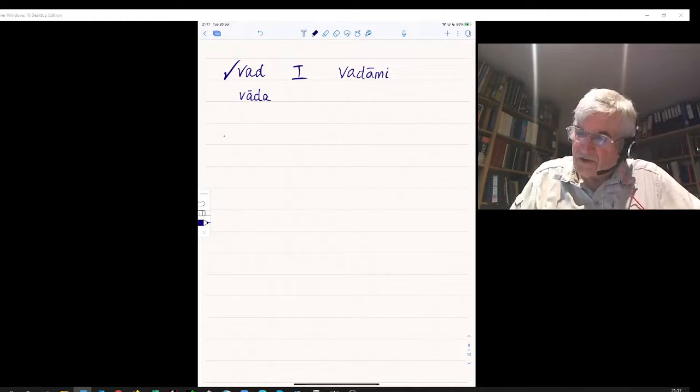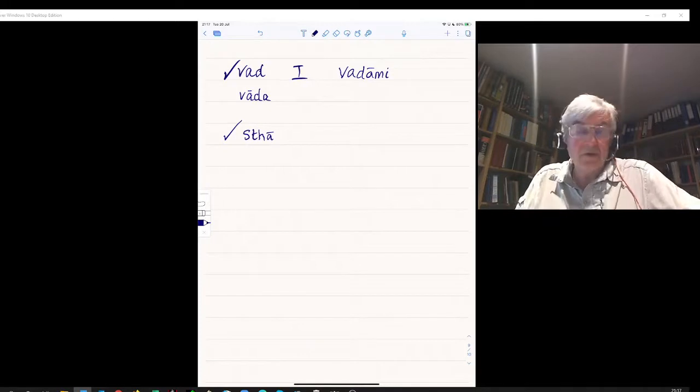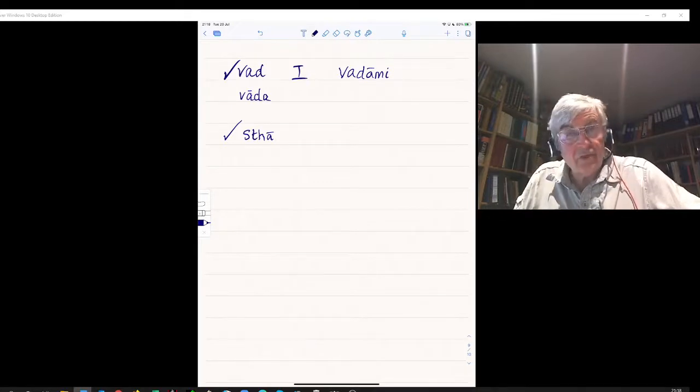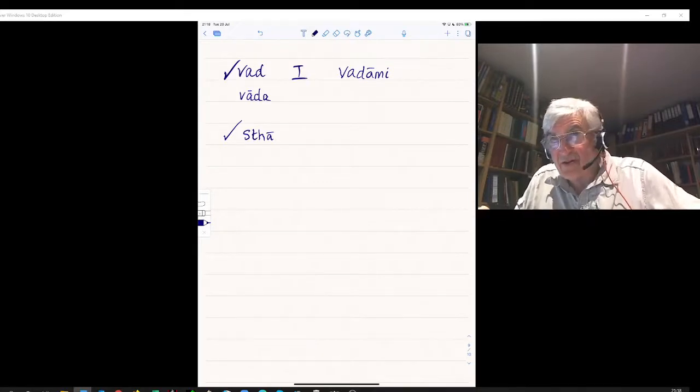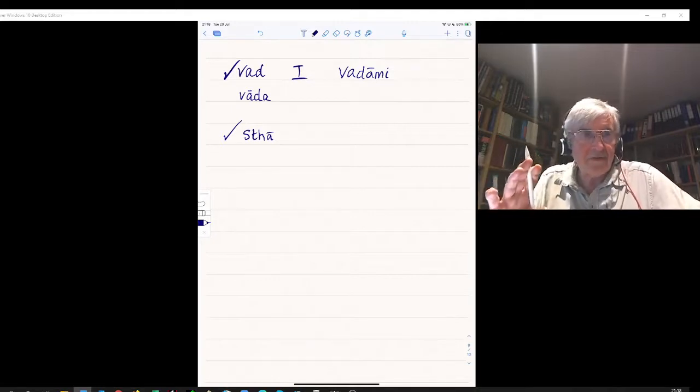Now the root sta, meaning to stand, and cognate with our English word stand, Latin stare, Slavonic and Russian stach. There's this sta throughout, the root meaning to stand.